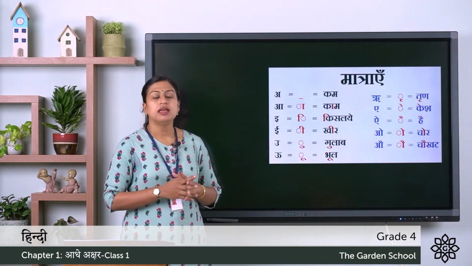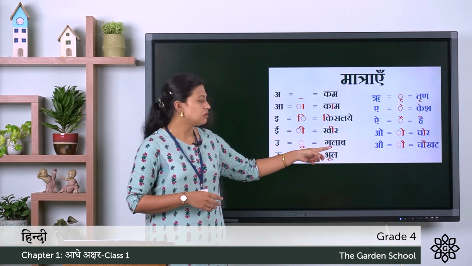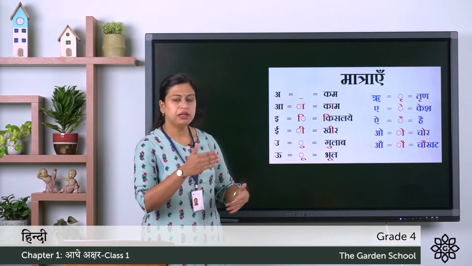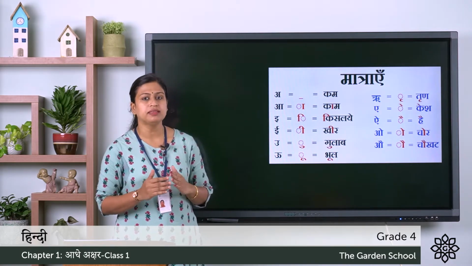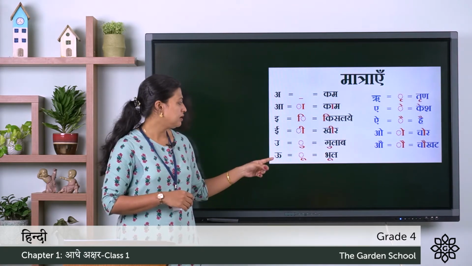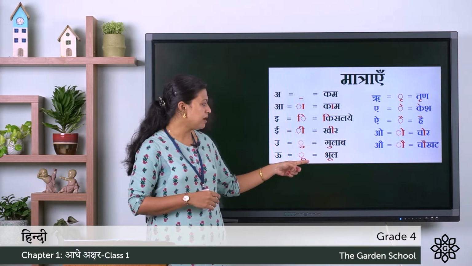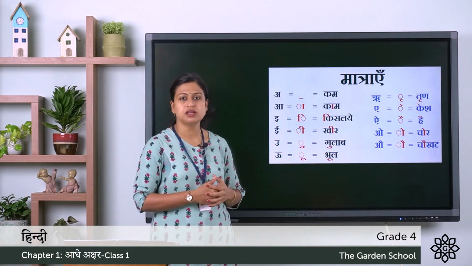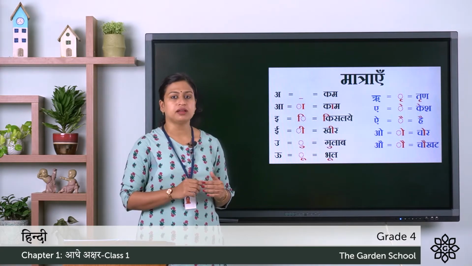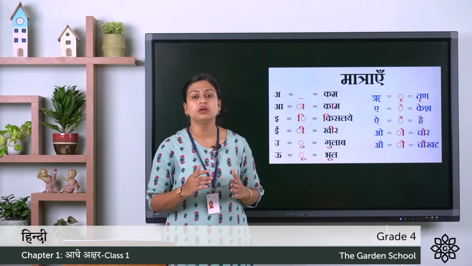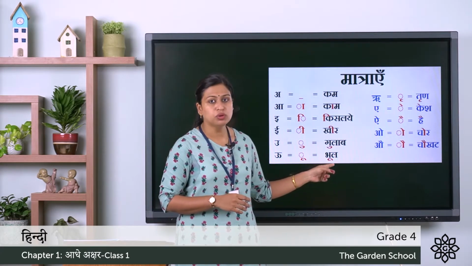Next one, it's U. This is U ki matra, and here you can see consonant Ga, and below the consonant we write U symbol. Ga plus U ki matra we say gulab.